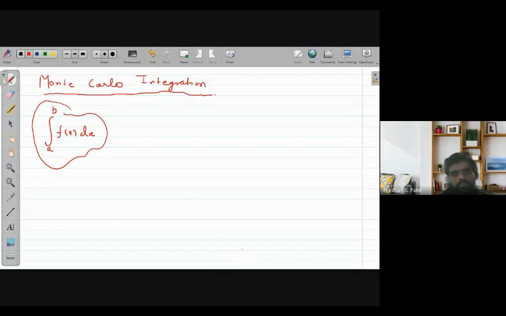As some of you might know, the integration gives you the area under the curve.